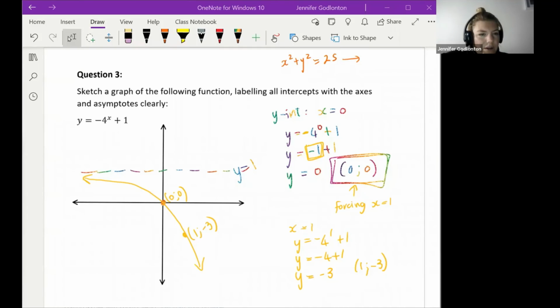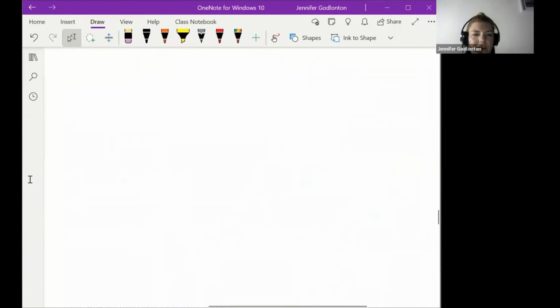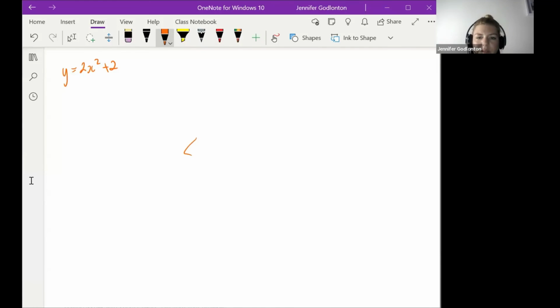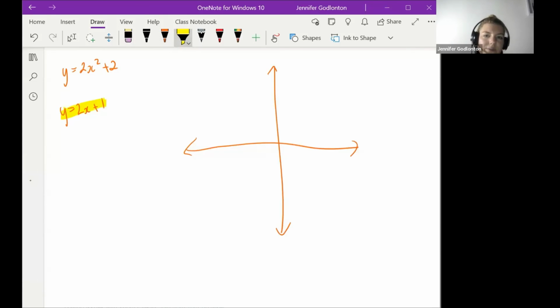What's this question? Graph y equals 2x squared plus 2 and g on the same set of axes. Okay, so y is equal to 2x squared plus 2, let's just quickly graph that out. And y is equal to 2x plus 1. This one over here is just a straight line graph. So find your x-intercept and find your y-intercept.